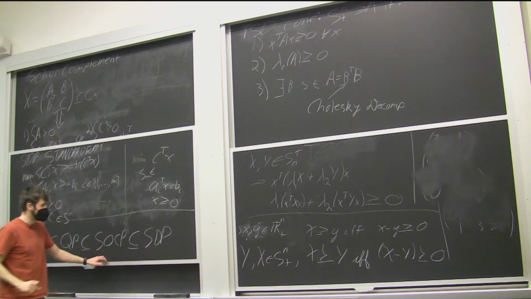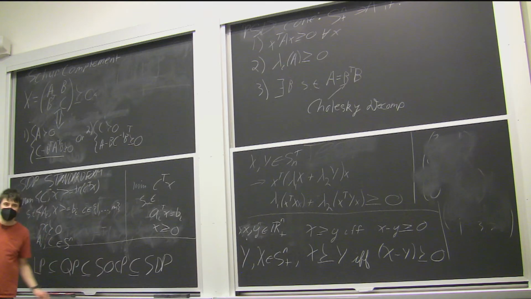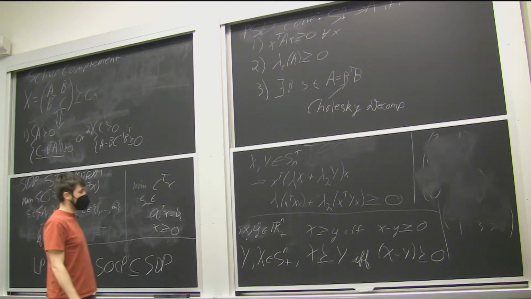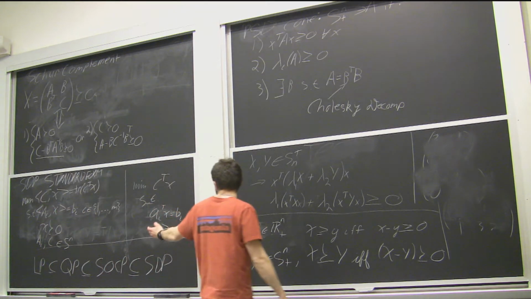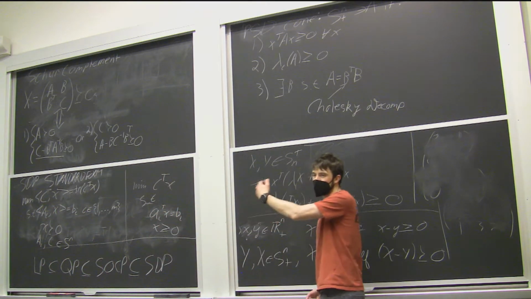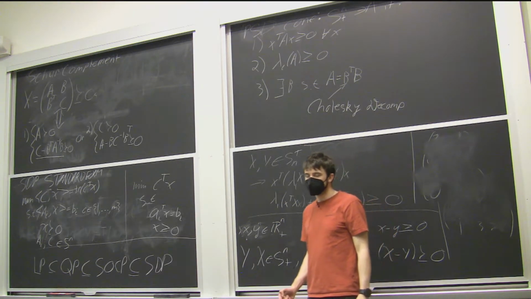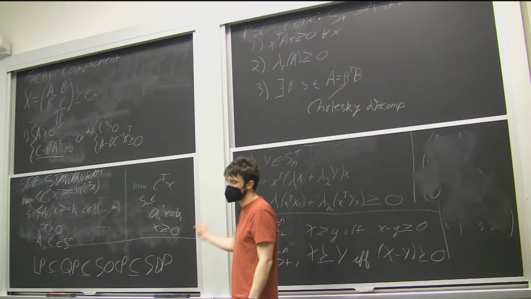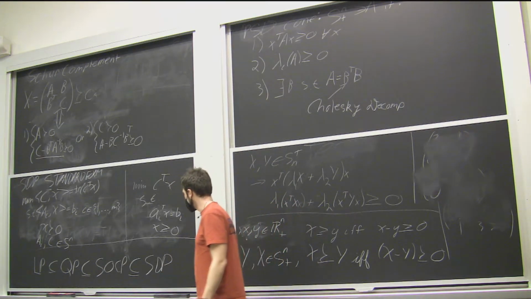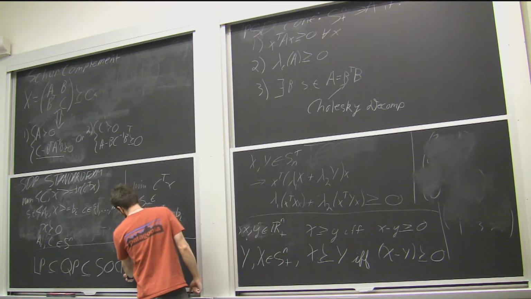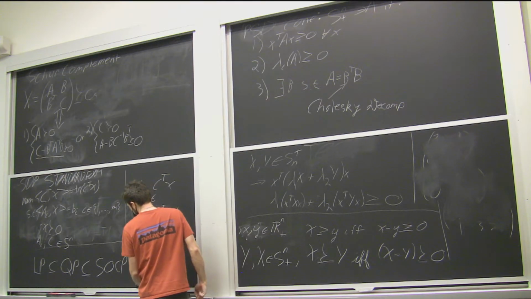You actually get this kind of containment of different types of conic programs. Every LP can be written as a QP, which can be written as an SOCP, and every SOCP can be written as an SDP. So SDP is actually strictly more general than everything else.